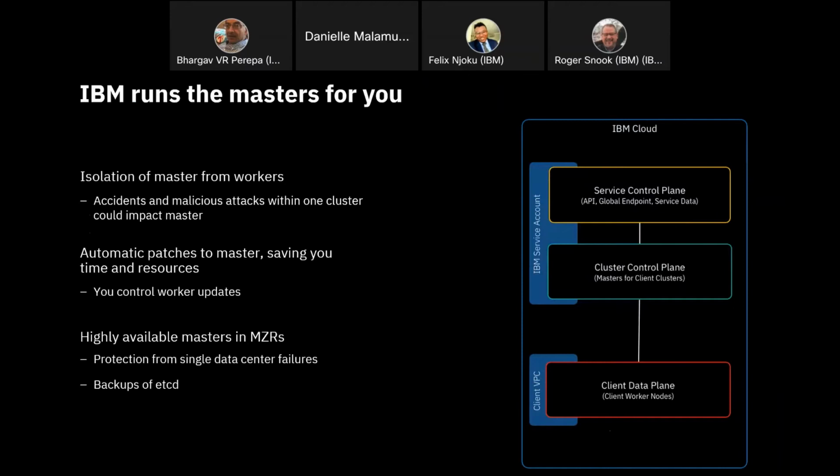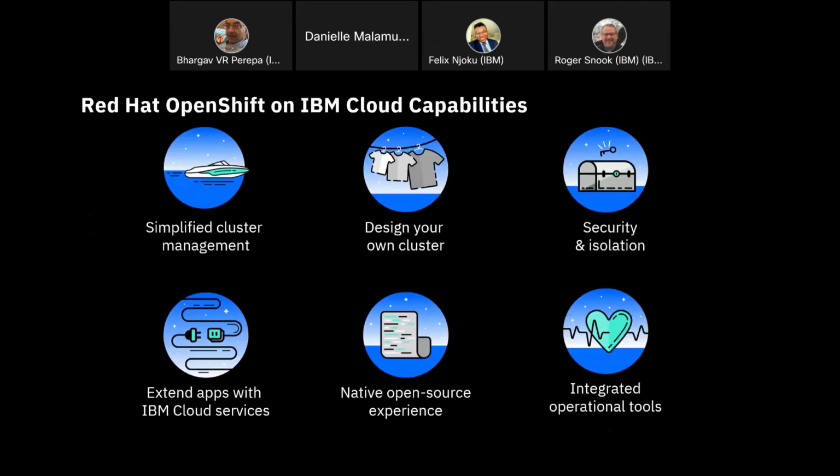So what's the value of IBM running it for you is explained here. Everything is air gapped, tight, isolated, multi-tenant. That means sharing of resources from a pool means less expensive, cost efficiencies, automation end to end, and high availability for backup or recovery or DR or business continuity, right?